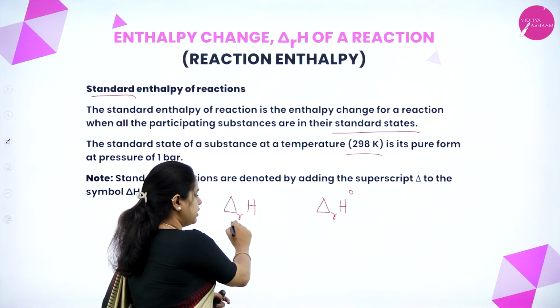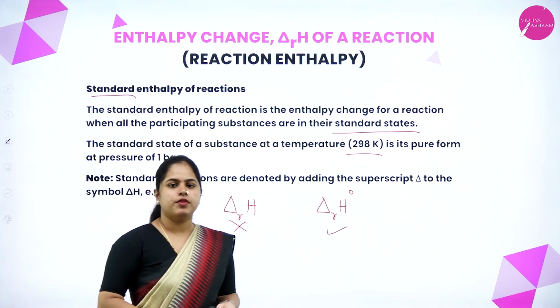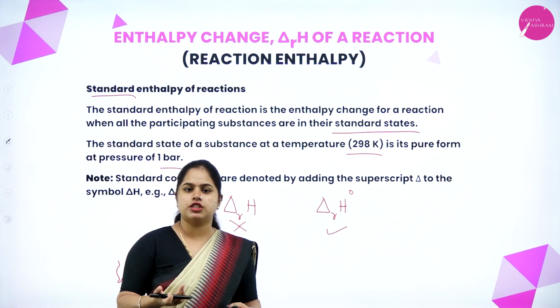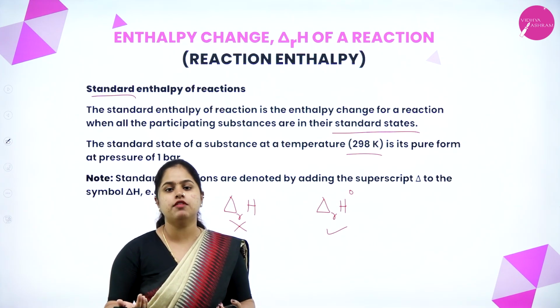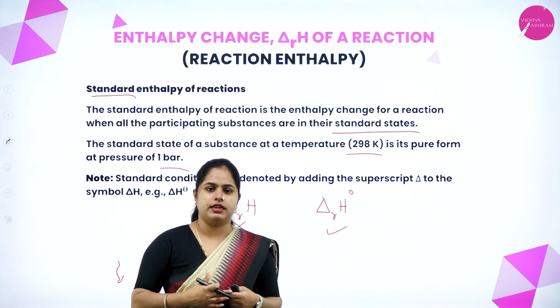So, this is not in standard conditions, but this is in standard conditions. This is how you have to represent it. So, what is standard enthalpy of the reaction? It is the enthalpy of the reaction itself, but when all the participating substances are taken in their standard state.